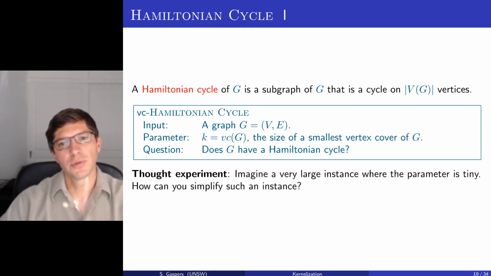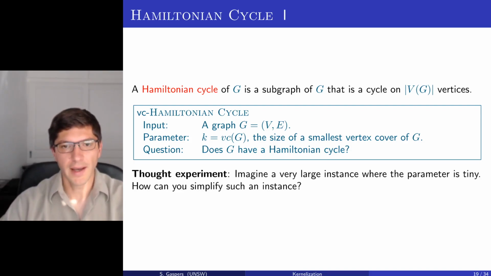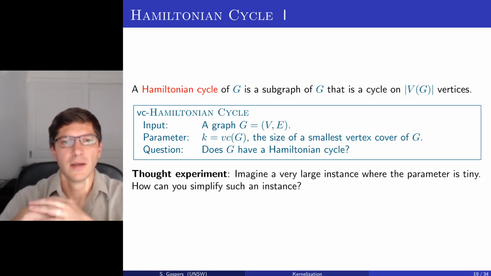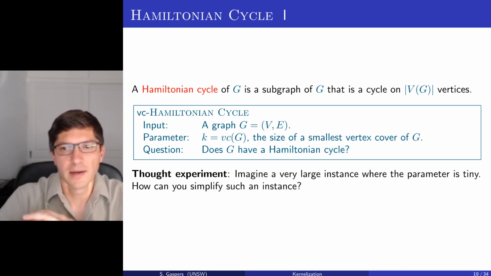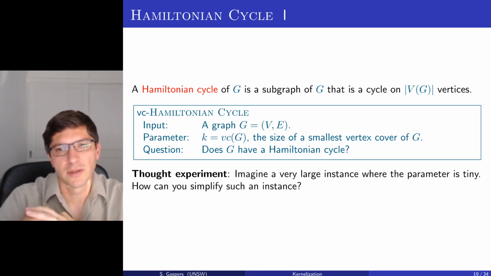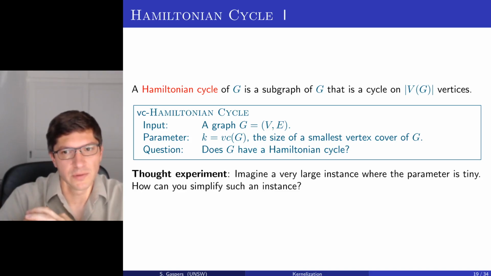Okay, so our input is a graph G. And as parameter here, I choose the size of the smallest vertex cover of G. So k is the size of the smallest vertex cover of G. And the question is, does G have a Hamiltonian cycle?